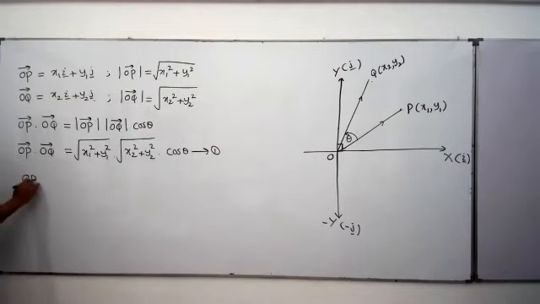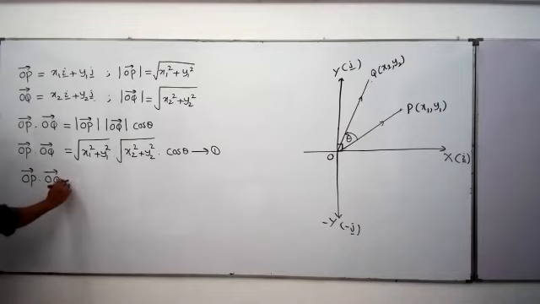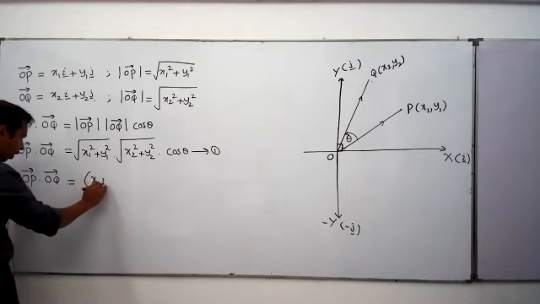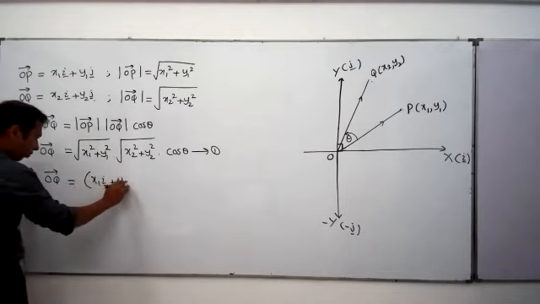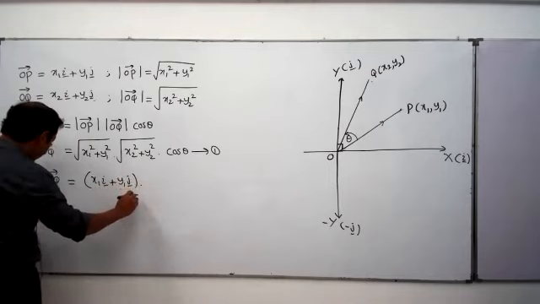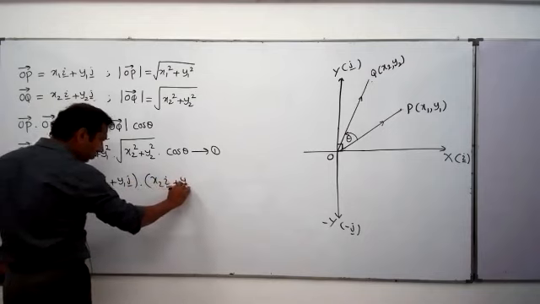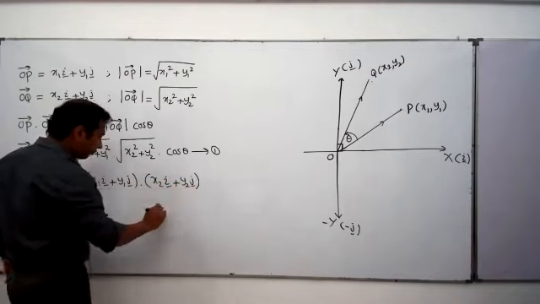Then we can write OP vector dot OQ vector in another way. How? Substituting for the OP vector, x1i plus y1j dot x2i plus y2j.